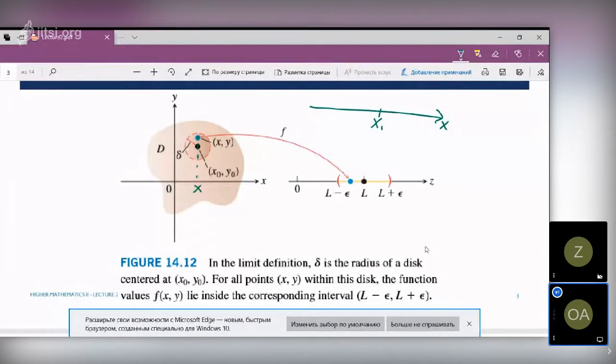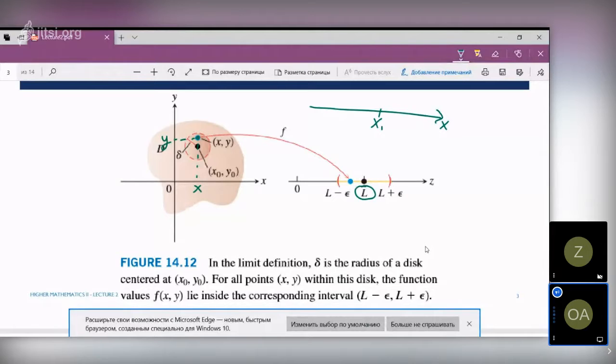So it will have its x and it will have its y. This point should approach x0, y0, which is this black point. This blue point should approach the black point. And when it approaches within this delta radius, the value of the function should approach the number L.